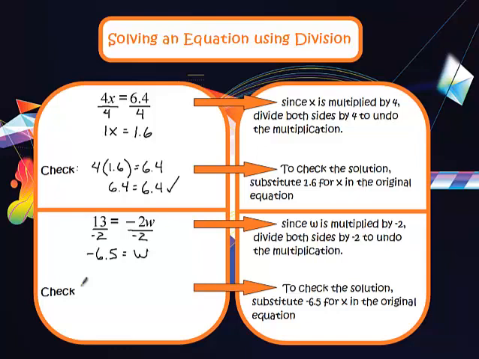Now to check this, we can take that negative 6.5 and plug it back into the original equation. So I have 13 equals negative 2 times negative 6.5. A negative times a negative is always a positive. And using my calculator, I find out that 13 equals 13. Check.